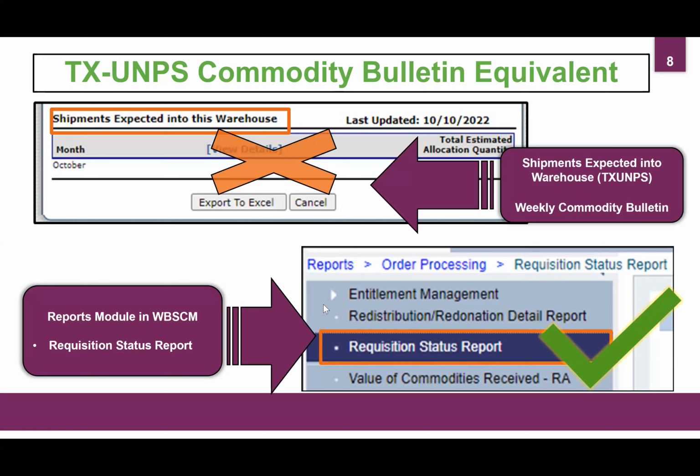This information was previously found in the shipments expected in warehouse section of the TNPS weekly commodity bulletin, but now it is going to be found in the requisition status report in the FD report, as the FD module in TNPS will be eliminated. So just keep in mind that when you're looking for this, it will be in the requisition status report for WebSCM.